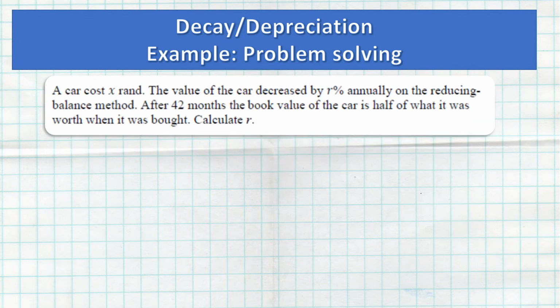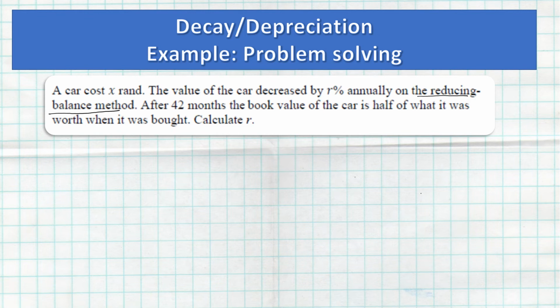Okay, let's focus on a different problem. They're saying a car cost X rand. The value of the car decreased by R% annually on reducing balance method. So this is a key statement. After 42 months, the book value of the car is half of what it was worth when it was bought.